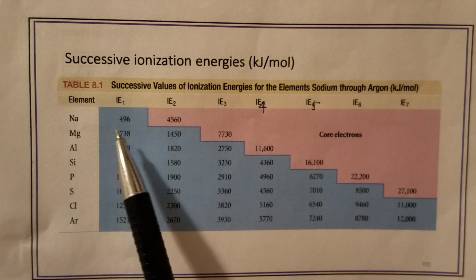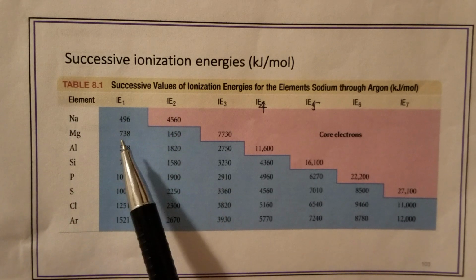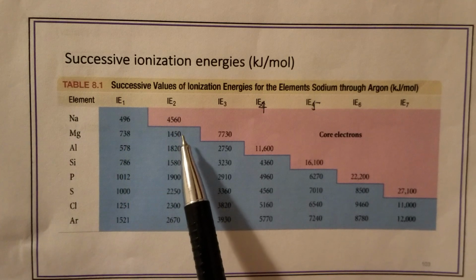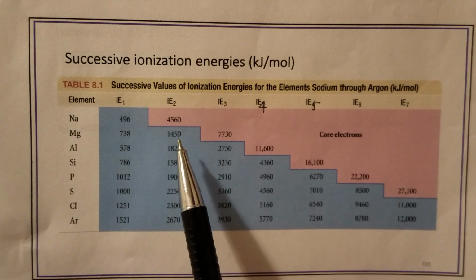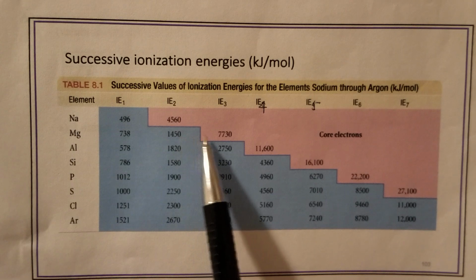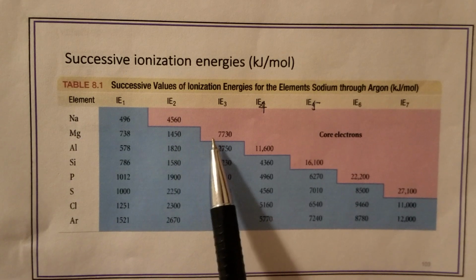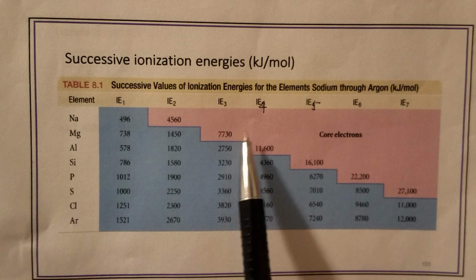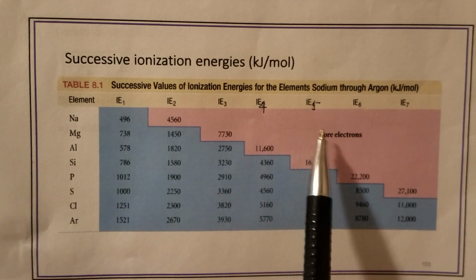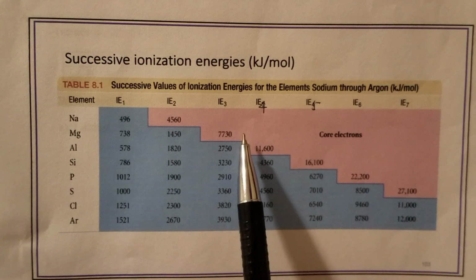Magnesium, that's a group 2A element. The first 2 ionization energy values are reasonable, but from the second to the third, you see that's also a huge jump. That's because, again, the same reason. It takes greater energy to remove core electrons.